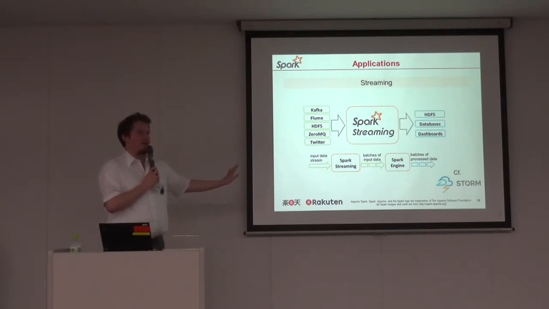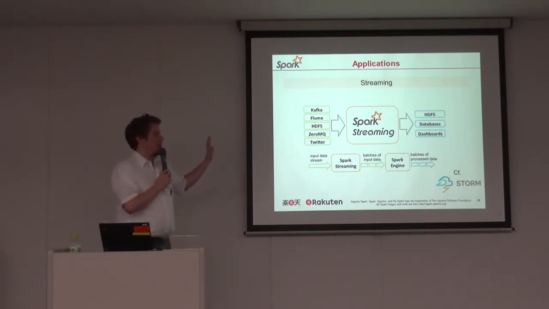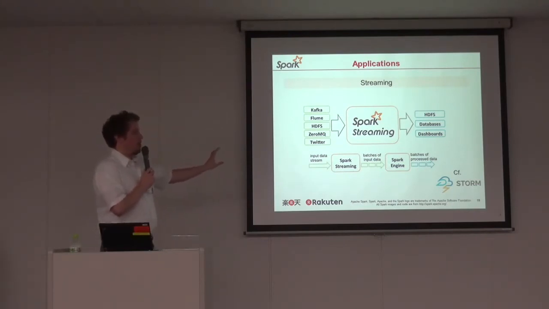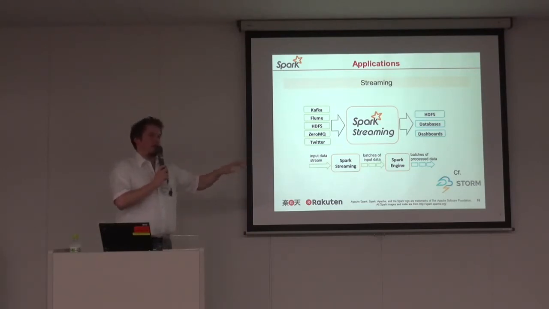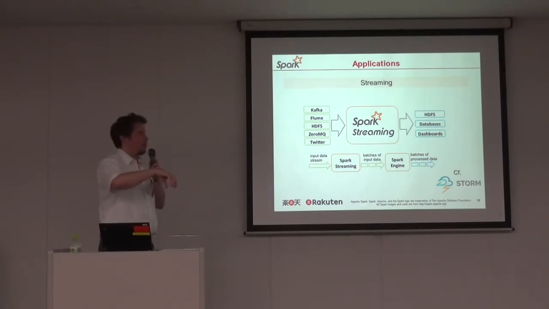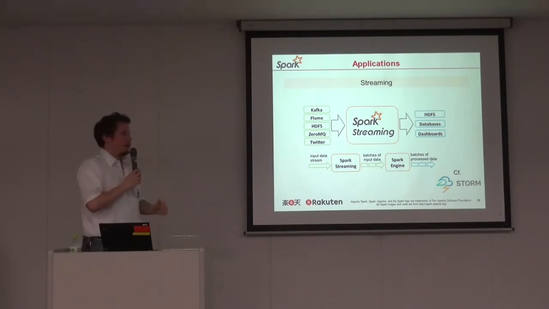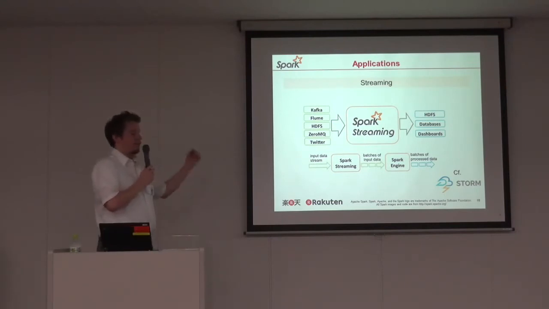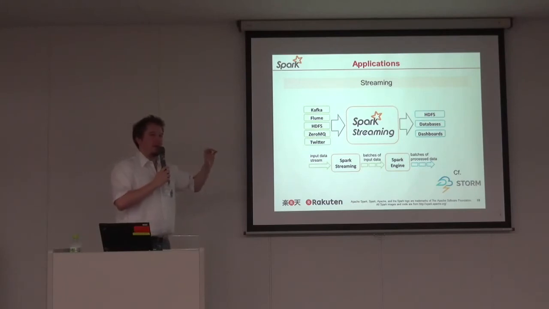So I'll be honest, I haven't used it. I only know what I read from the documentation, so I don't know specifics that much. But I think Storm is more flexible in the sense of how the bolts work and how the cluster organizes itself. I think this is basically just reading from streaming data and having thresholds of how you batch your things, and then taking that to the rest of the cluster.